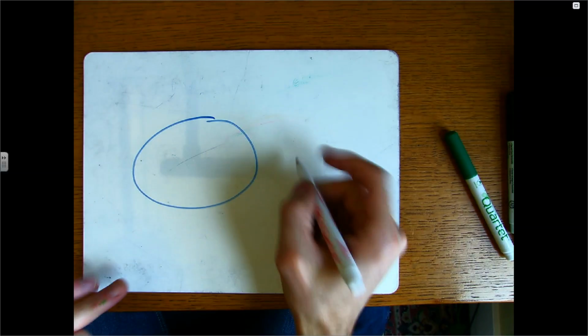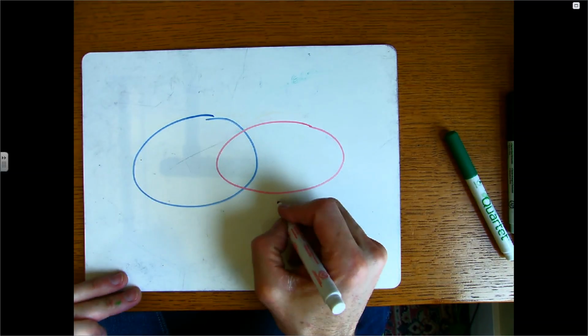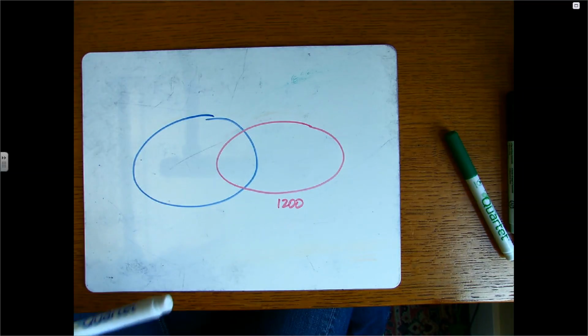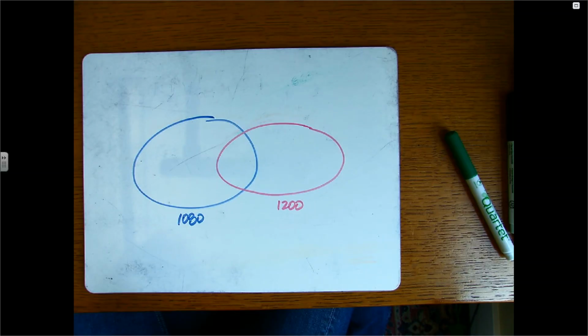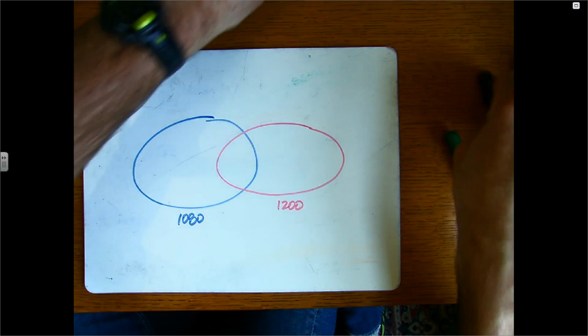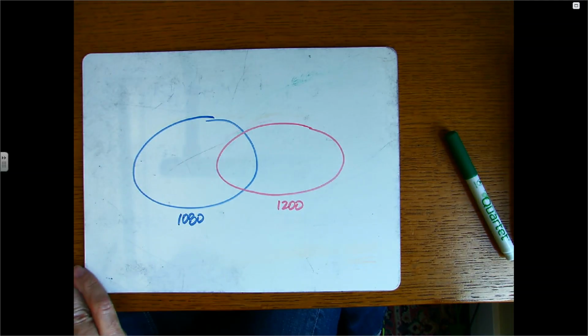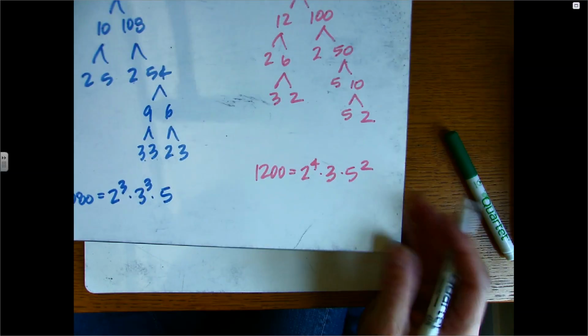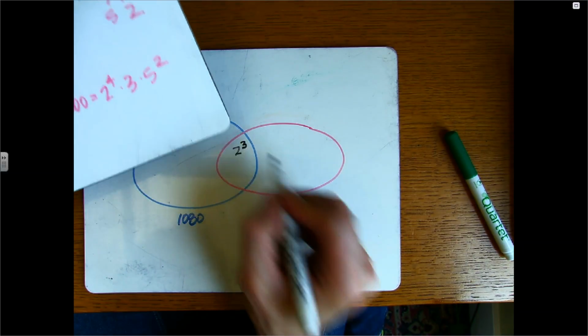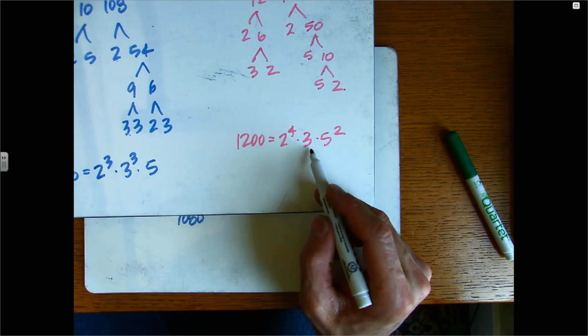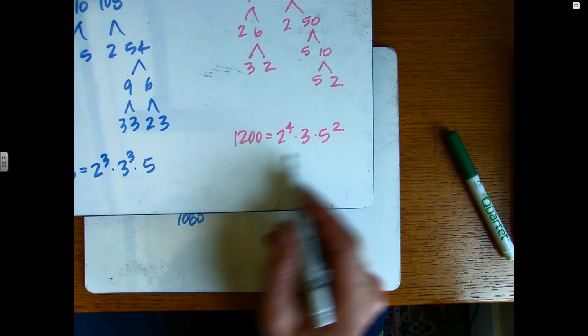So this is the number 1200. This is the number 1080. And let's think about what goes in the middle and in the two parts and pieces that aren't shared. So when I look in the middle, I can see that the smallest power of 2 is 2 to the third. So there's a 2 to the third. There's 1 3 that's shared by both and 1 5 that's shared by both.